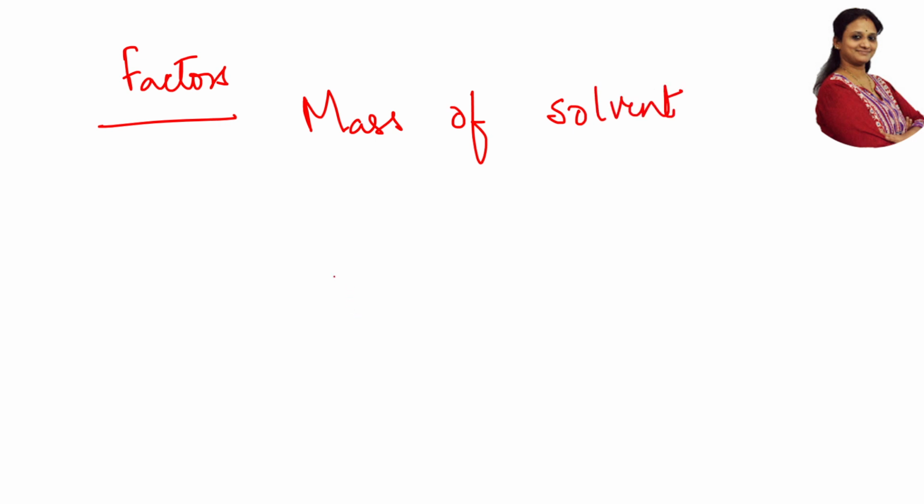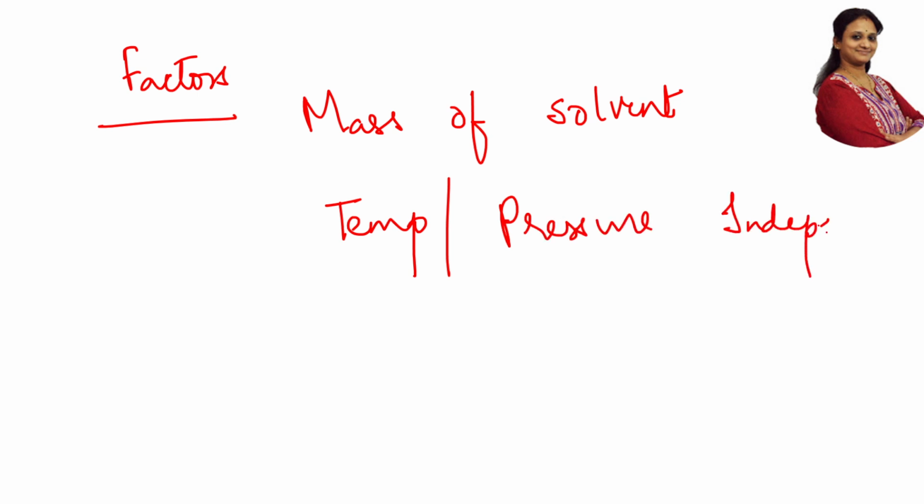Second, it is temperature or pressure independent. Remember this, because there is no volume concept. We are talking only about number of moles by weight. So it depends upon the mass of the solvent, not of the solution, and is independent of temperature and pressure.